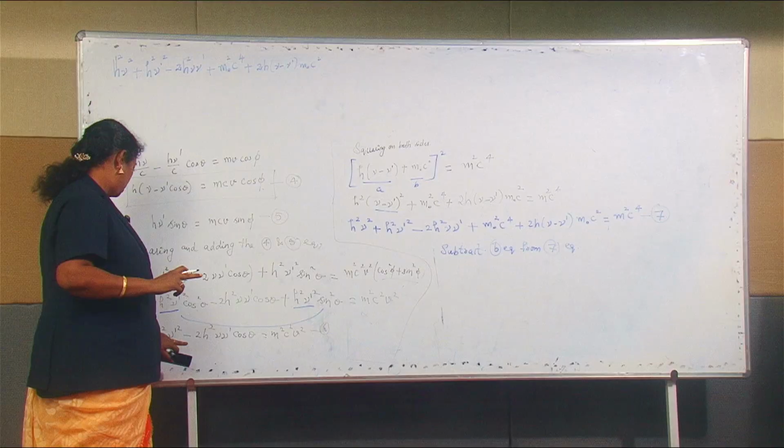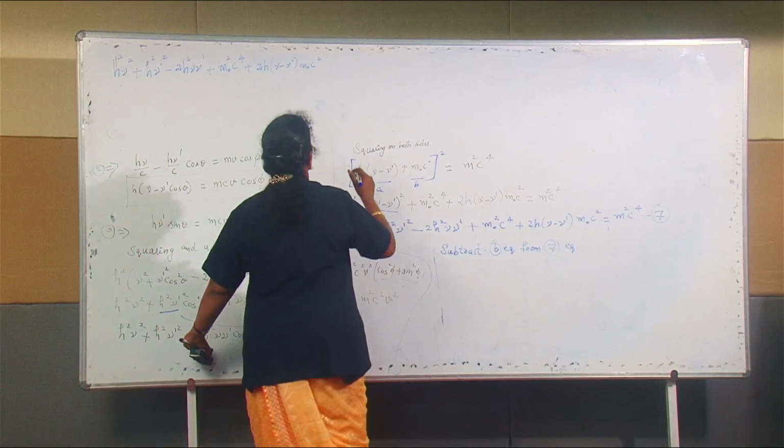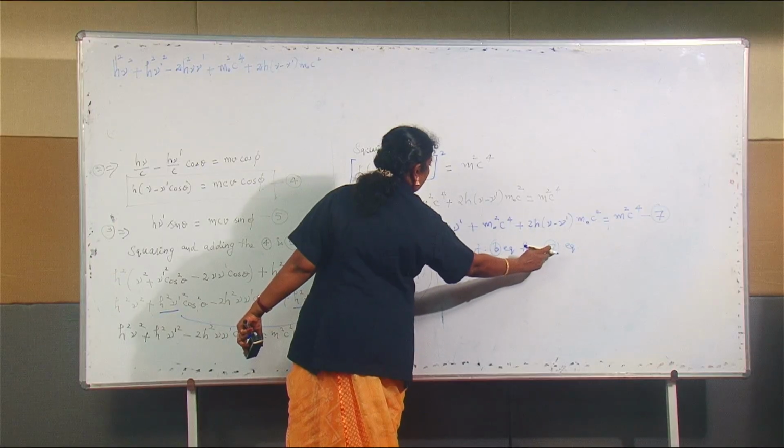Then coming to the sixth equation's left side, it is minus. So 7 minus 6.